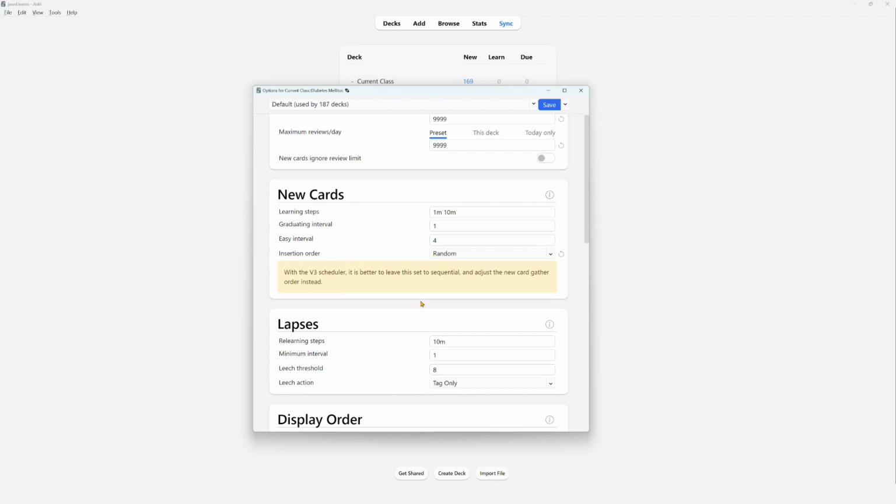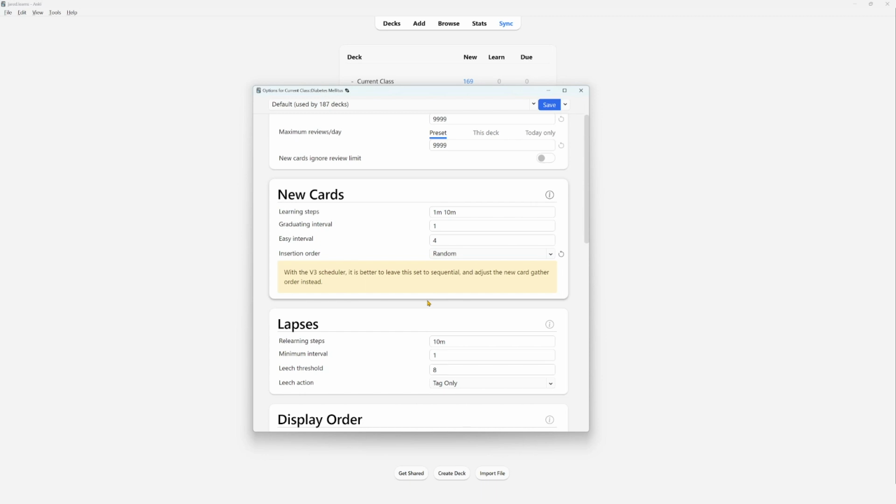Now on the new cards, I don't change any of these settings. I found that the default settings here with Anki are perfectly fine, especially with the way I do things. By all means, play around with this if you'd like, but I've found no issue with the default settings. However, the only thing I do change is the insertion order, and I change this to random.